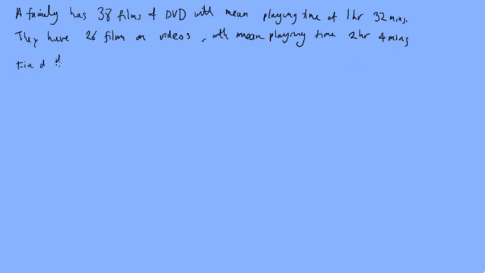Find the mean playing time. So, how many films are there? Number of films is 38 plus 26, which is 64 films.